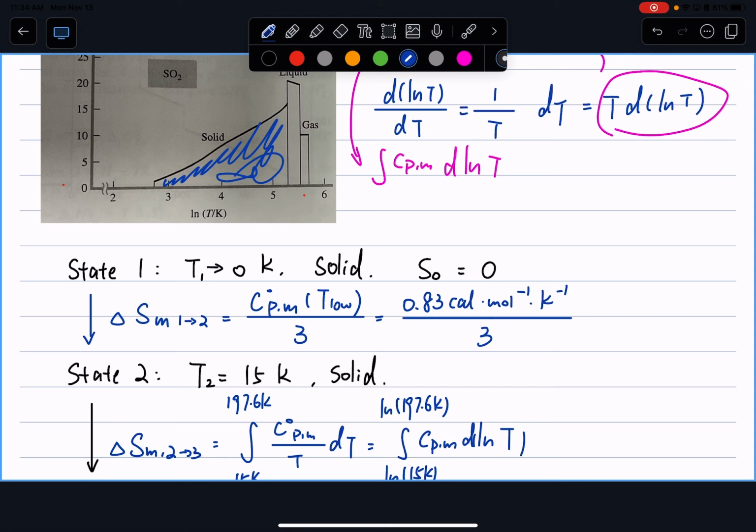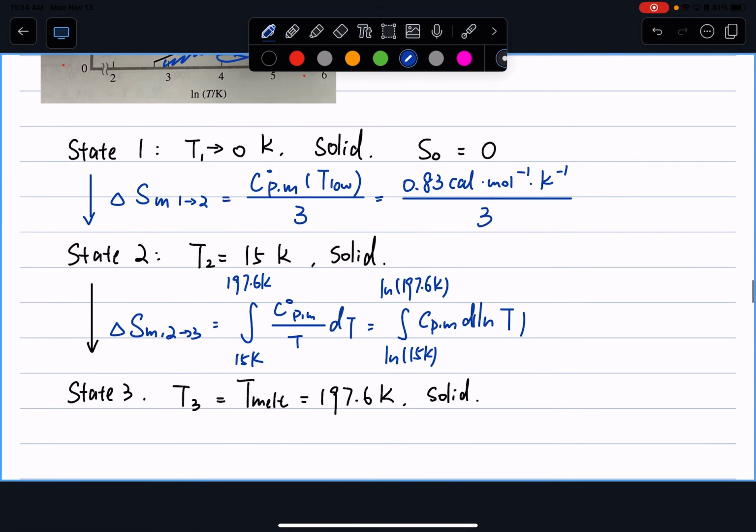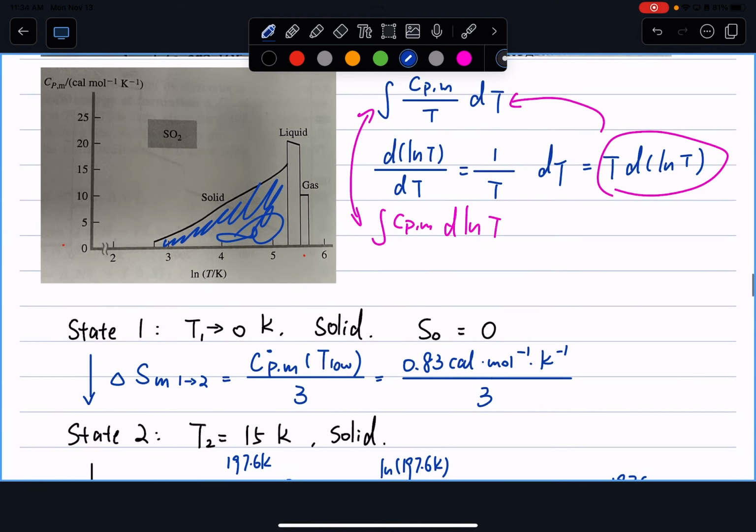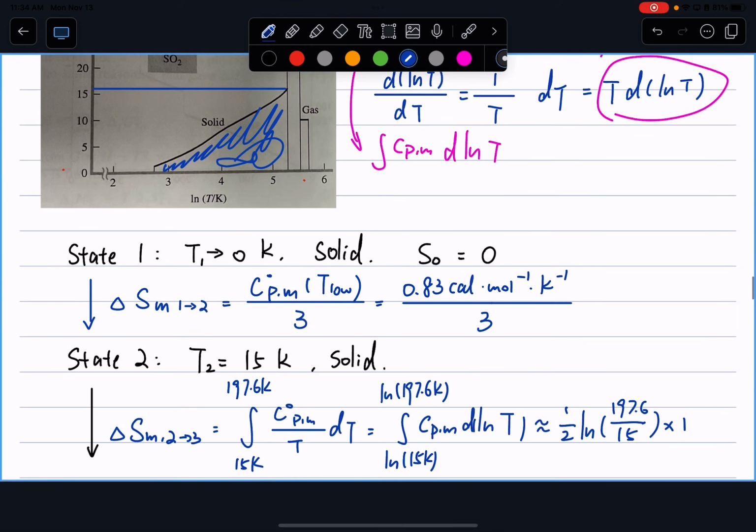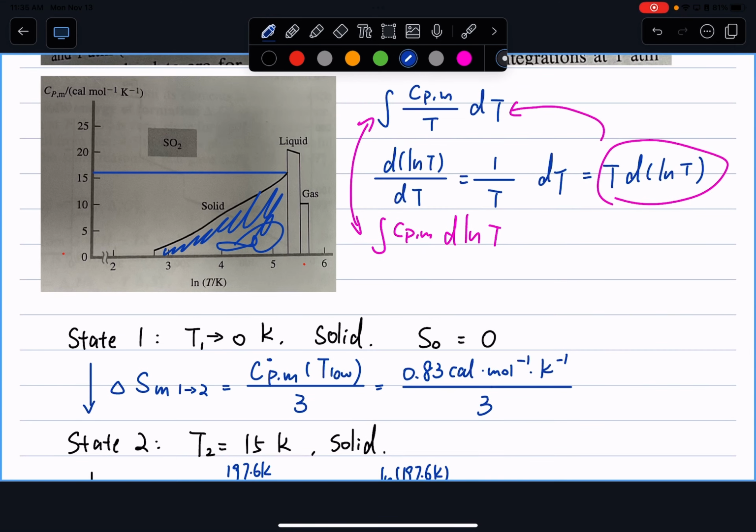So it's 1/2 ln 197.6 over 15 times, well, the height here is about 16, if we look at right. So we're just estimating what that integral is by looking at the area below the curve. All right, so that's our state 3.